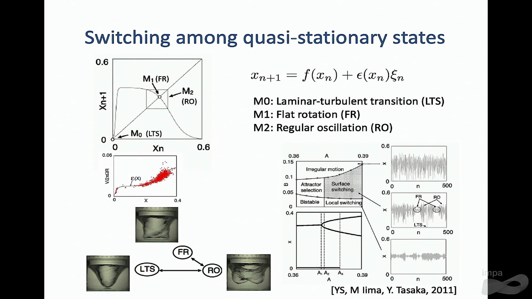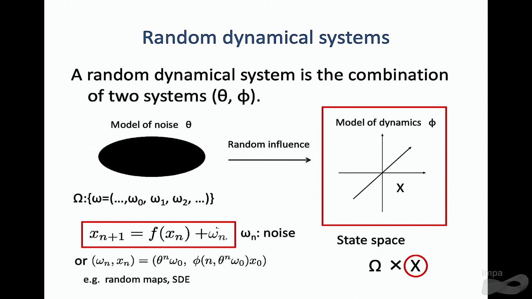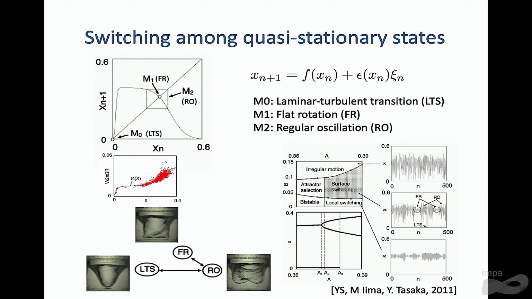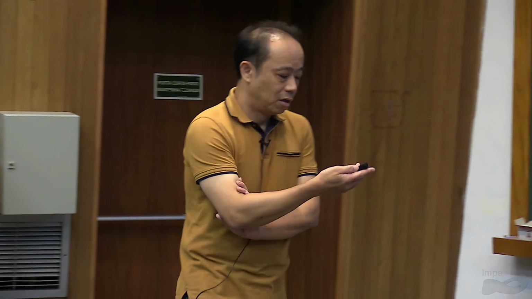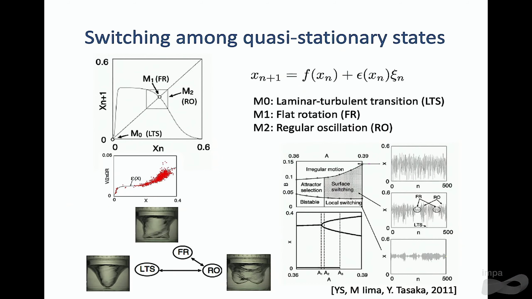So this has three objects: two unstable fixed points and one stable limit cycle. These M0, M1, M2 correspond to the observed phenomenological states, laminar turbulent LTS, FR, RO. Right, so it's a very coarse-grained phenomenology, but better than nothing. They did only experimental work and no theoretical, no analytical work. So they liked this very much.